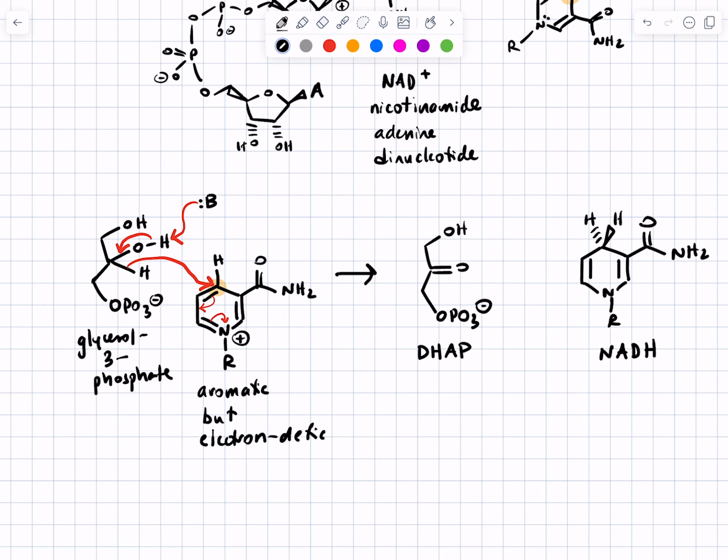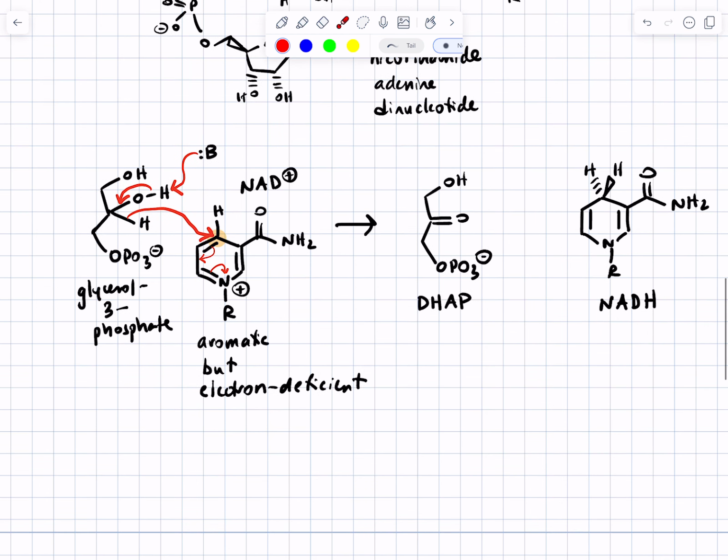I told you previously that NAD+ is electron deficient, but it's aromatic, right? Fully conjugated ring. It's just permanently positively charged. NADH is no longer electron poor, it's electron rich, but it's no longer aromatic.